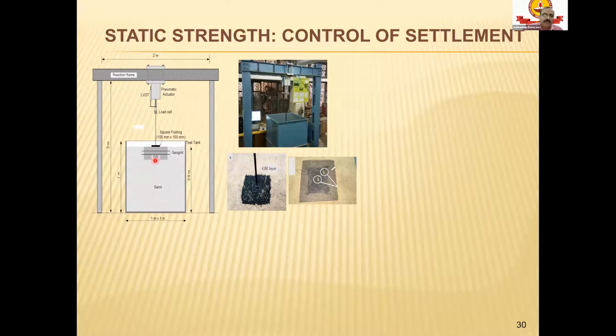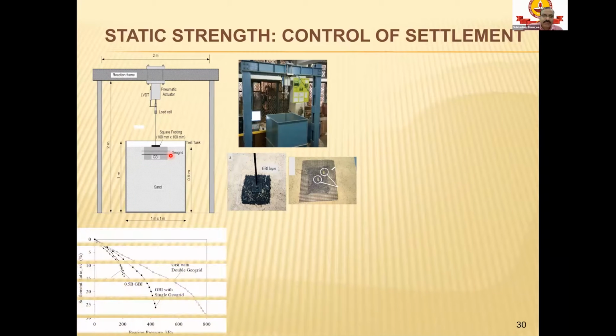That means if you have a sand rubber tire mixture layer here, we expect that it will dissipate the vibration energy. To control the static settlement, we introduced geogrid. We see that with the introduction of double geogrid, we were able to increase the bearing capacity and reduce the settlement quite significantly.